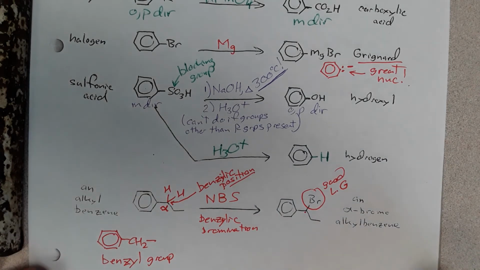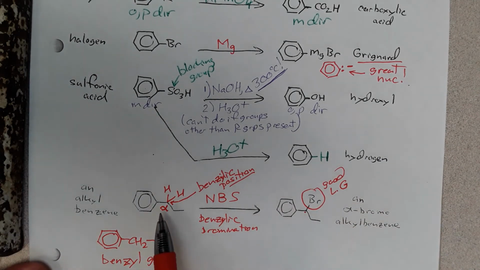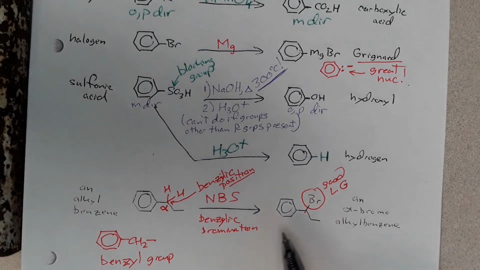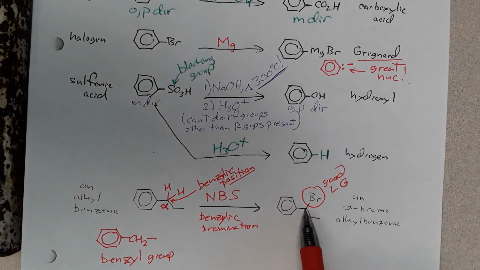Okay? But lots of biologically and pharmaceutically interesting molecules don't just have alkyl groups. They have other groups hanging off, and this is a way of making it reactive in that position.